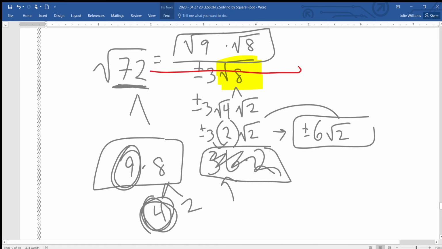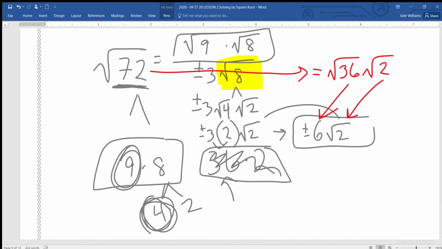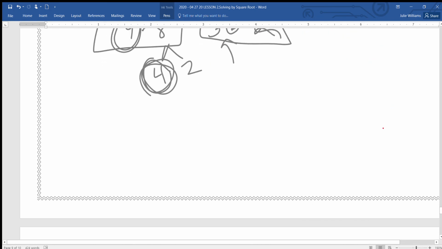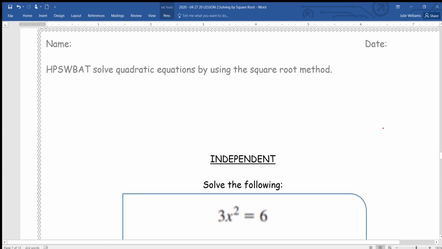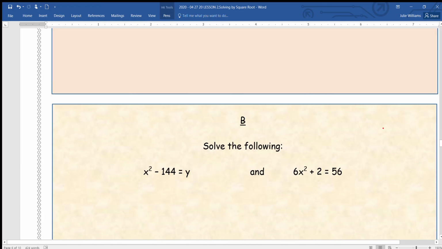If you had thought initially, well, the square root of 72 is the same thing as the square root of 36 times the square root of 2, well, then you would have come up with what we ended up coming up with at the end, plus or minus 6 times the square root of 2. Okay, so this is a little lesson on radicals as well, but being able to solve quadratics using the square root method.